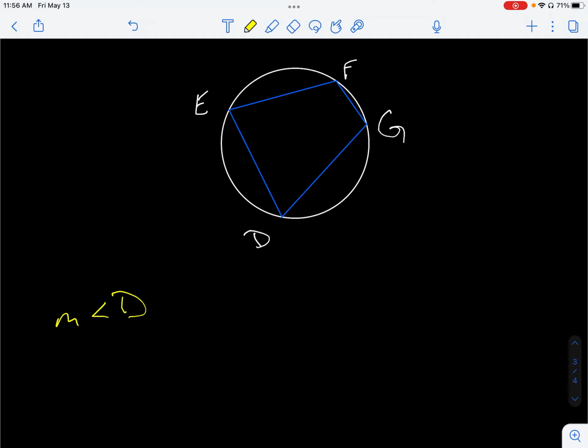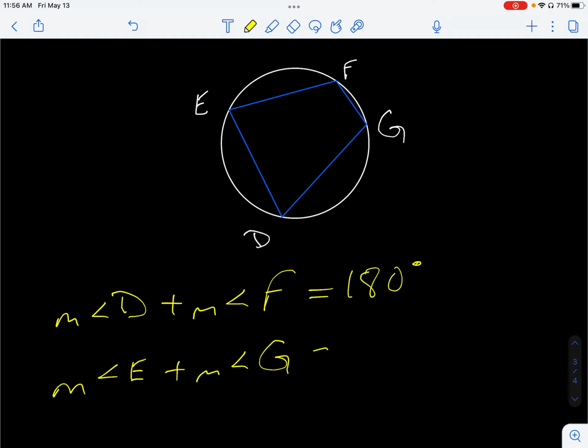So the measure of angle D plus the measure of angle F equals 180 degrees, and the measure of angle E plus the measure of angle G also has to equal 180 degrees.